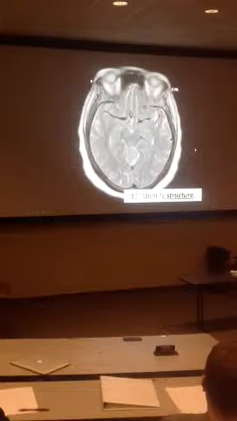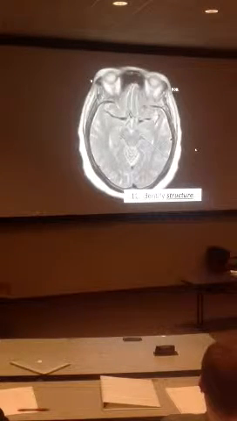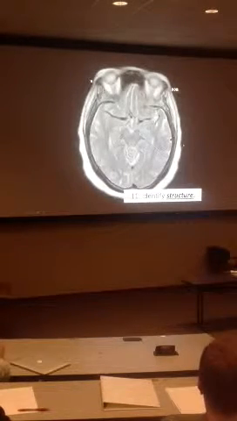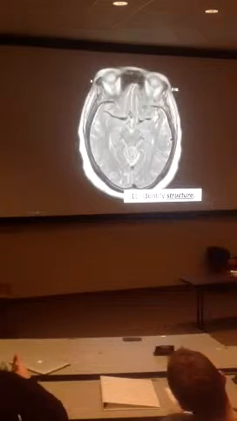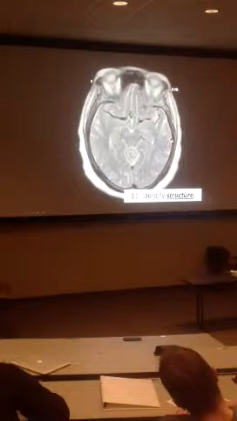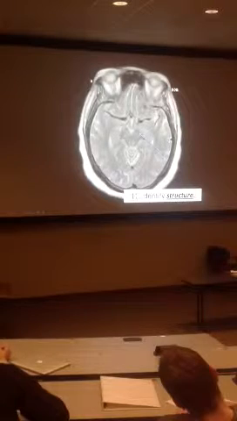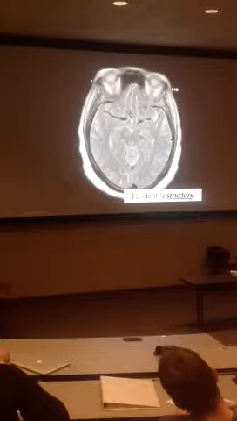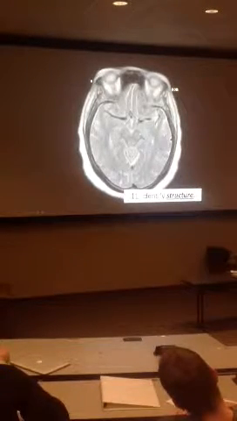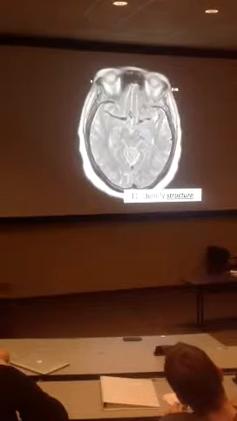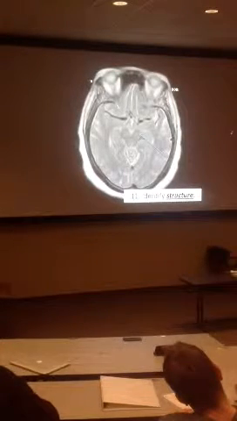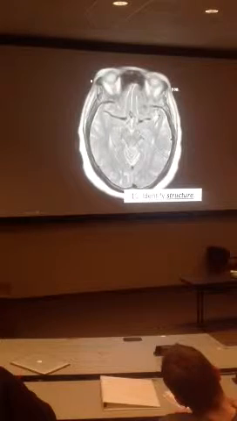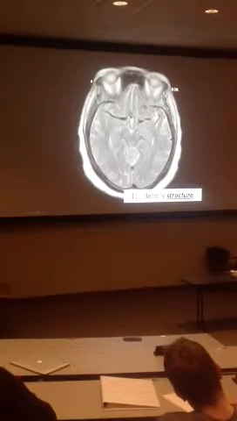All right, so now what are we looking at? Basis pedunculi, right? And you can just put that, basis pedunculi. So what tracts are running through the basis pedunculi? Corticospinal, corticobulbar, right? So which one is more medial? Corticobulbar, right?